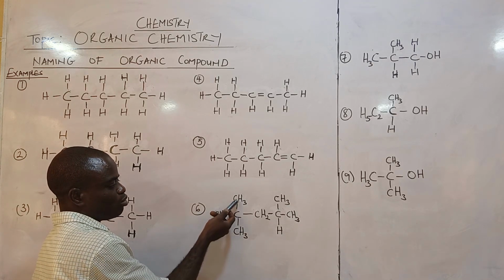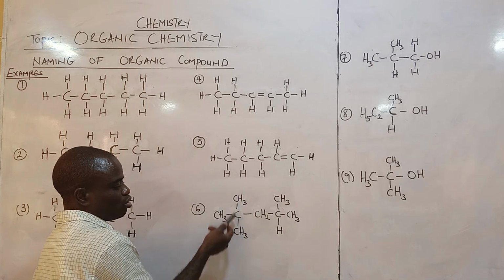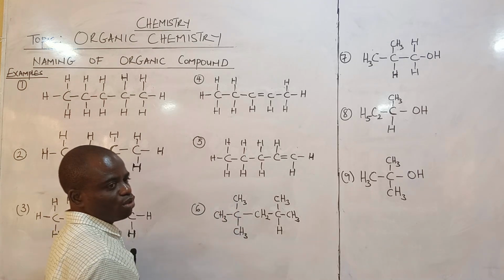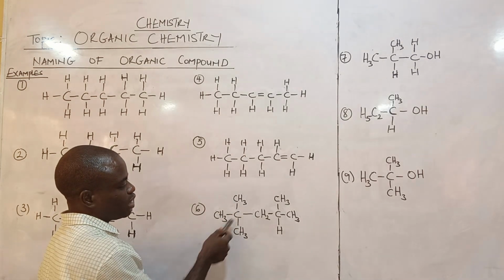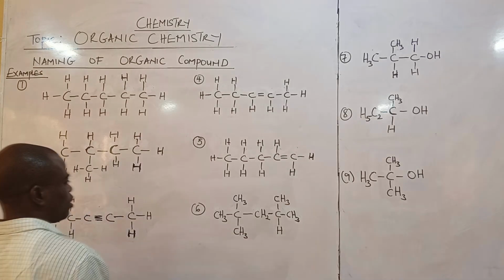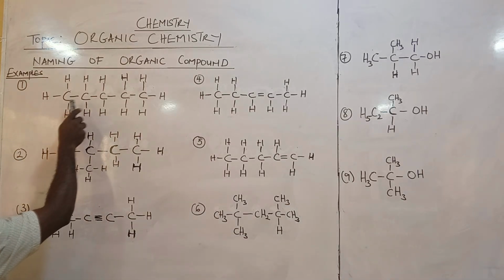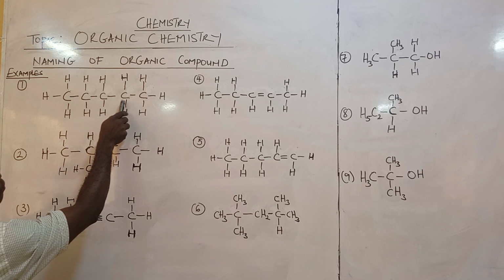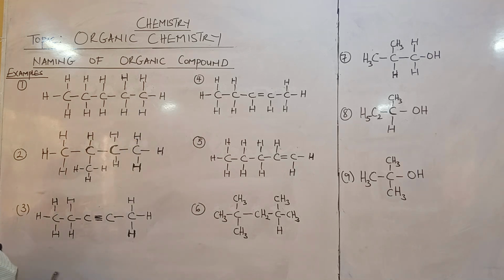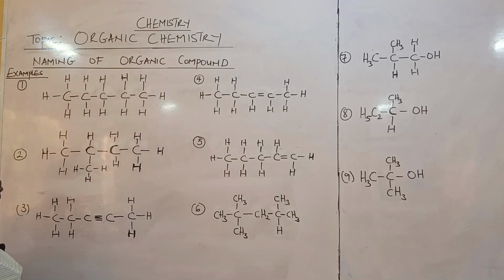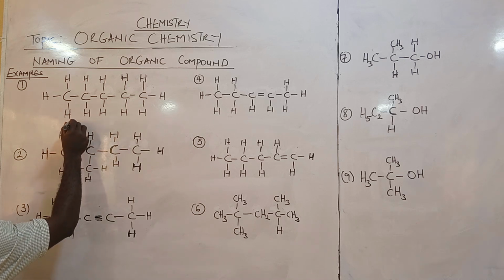You start counting from where you have the closest count to the multiple methyl groups attached to the carbon. Okay, let's start from this side. You're having 1 2 3 4 5 carbons, and it's a single bond compound, and that's pentane.